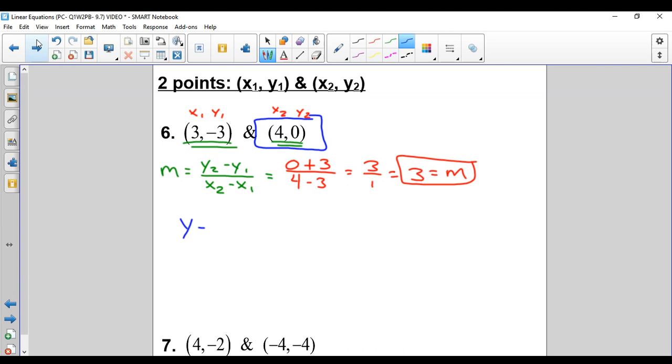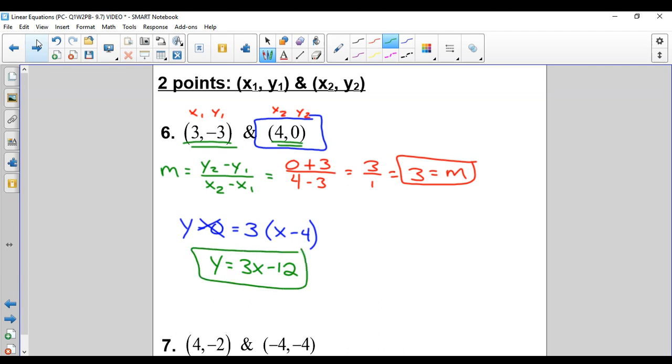So I'm going to go y minus y1. This is now your y1 or whatever you want to call it. It's y minus 0. Makes it easy there. Your slope is 3. We have x minus 4. That's gone. All you have to do is distribute and you're done. Our equation of the line is y equals 3x minus 12. And that's all we have.